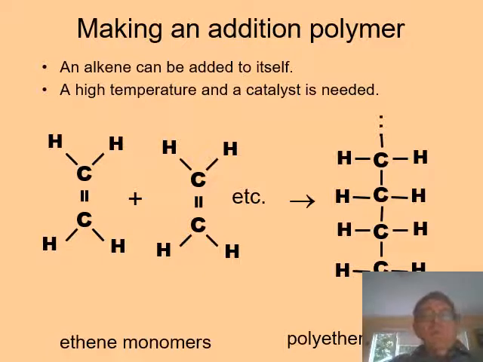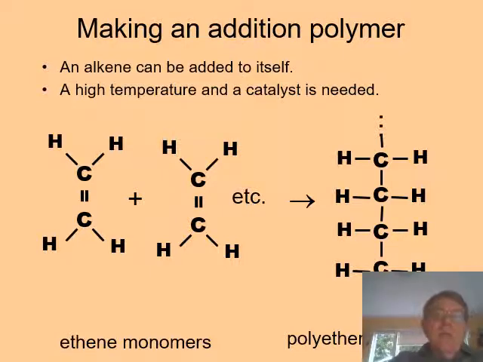Here's another type of addition reaction. This is making a plastic or a polymer. You've heard of polyethylene or polythene, make bags out of it, plastic ice cream containers and so forth. You make polyethylene by reacting ethene with ethene with ethene with ethene.